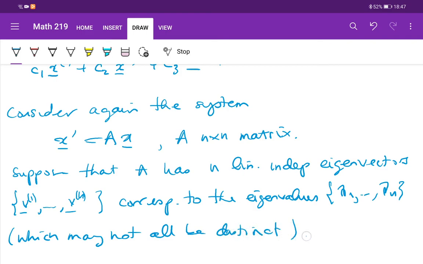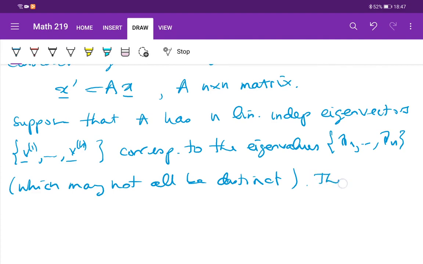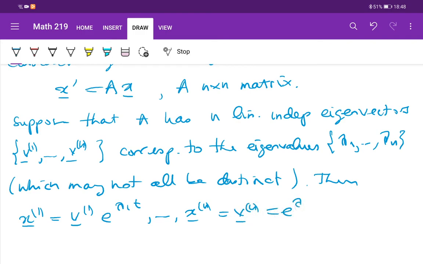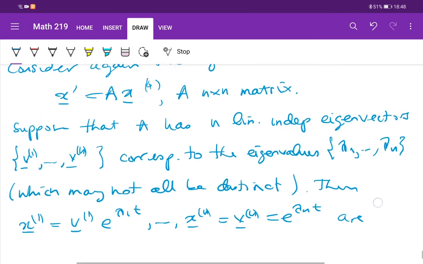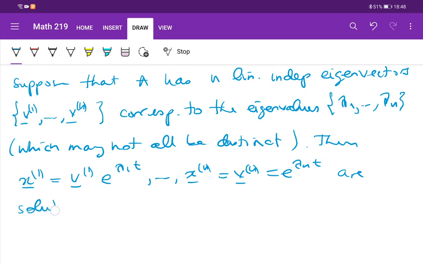Some can be repeated. It doesn't matter. So then we have x1 is equal to v1 e to the lambda 1 t, up to xn equals vn e to the lambda n t. So these are solutions of our equation, let me refer to this equation as 4.